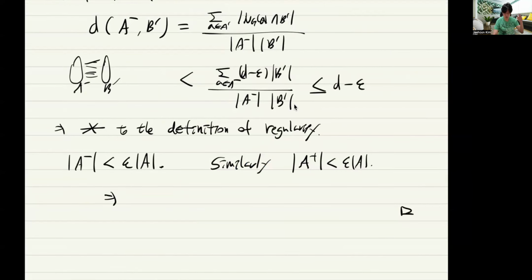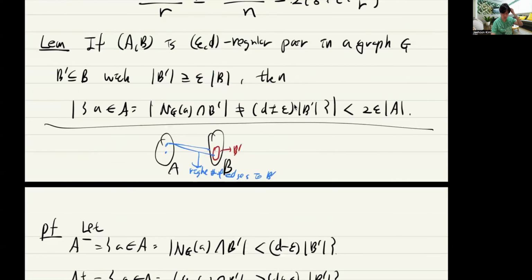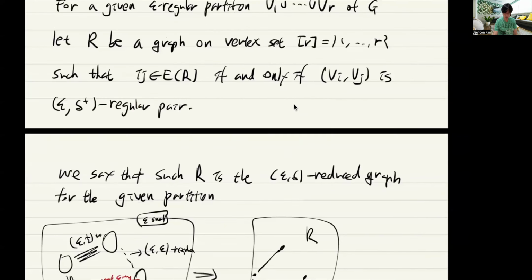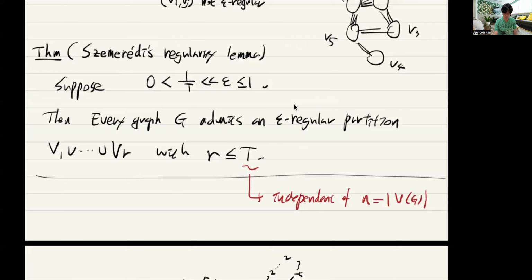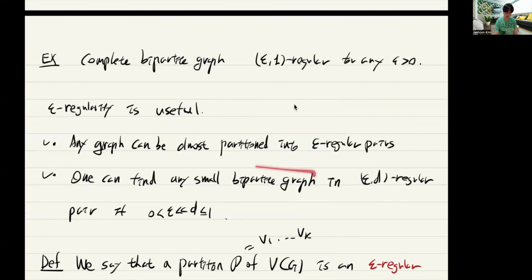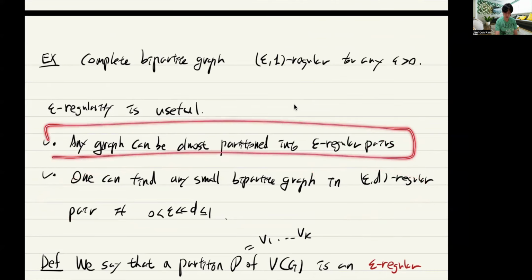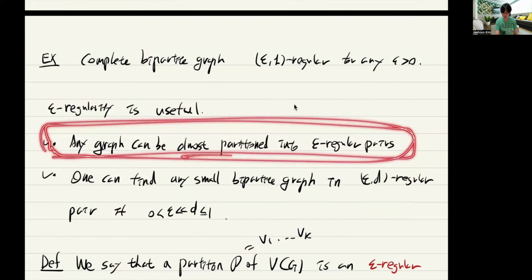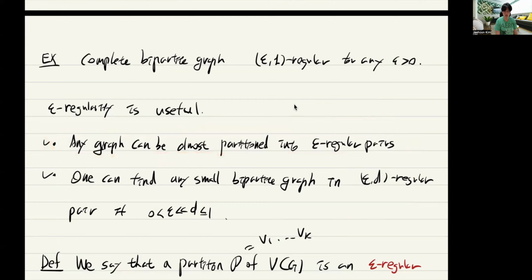So this lemma will be useful later when we show that this concept of epsilon regularity is useful for the graph embedding problem, the subgraph finding problem. So we have learned this part, the Szemerédi regularity lemma, that any graph can be almost partitioned into epsilon regular pairs.